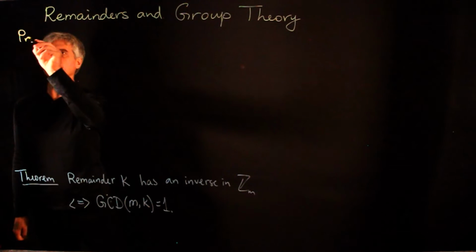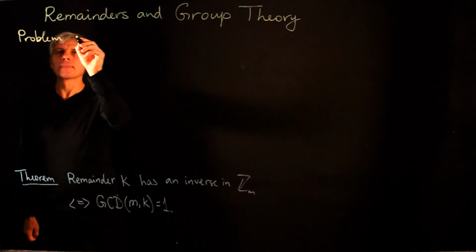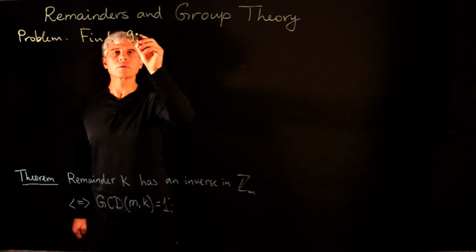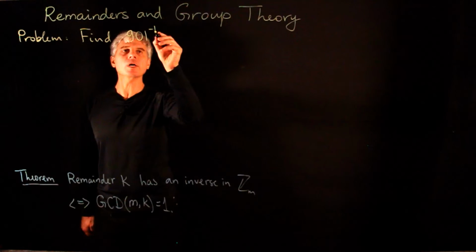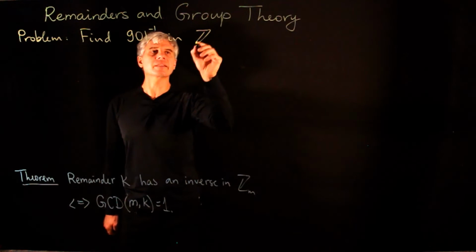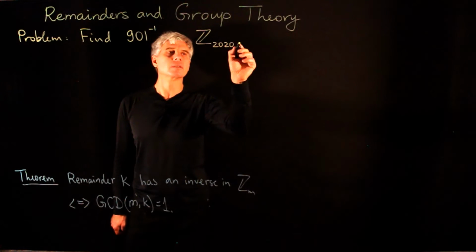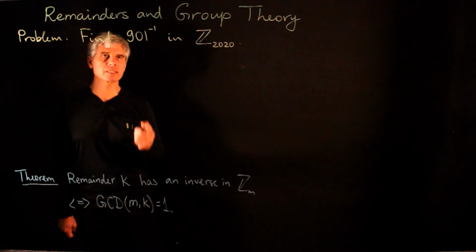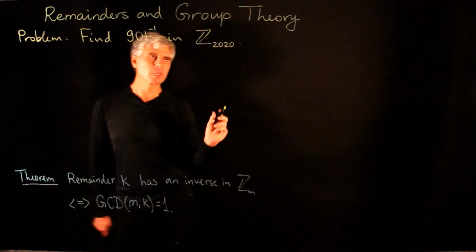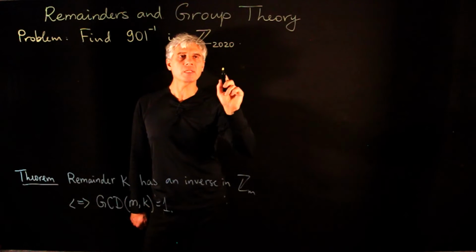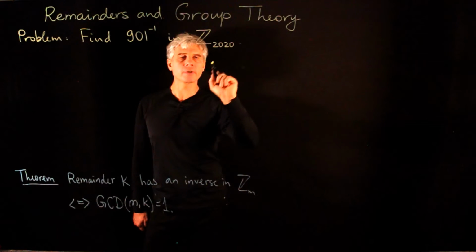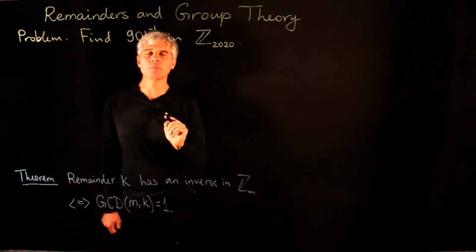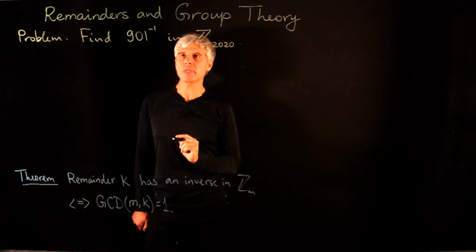Let us go over an example that illustrates how we find inverses of remainders. Here we have a problem: find the inverse of 901 in Z2020. First of all, this theorem tells us that this inverse exists because the prime factors of 2020 are 2, 5, and 101, and 901 is not divisible by any of these prime numbers.